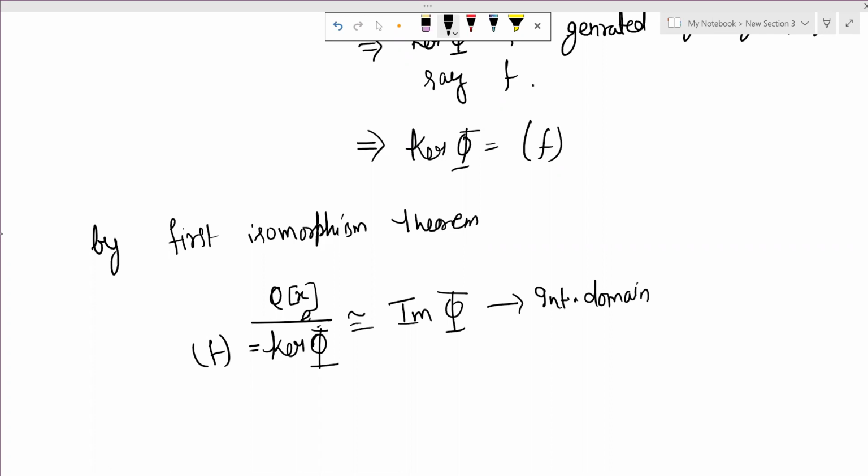Now see, the image of phi is an integral domain. That means this should be a prime ideal, right? That means this is a prime ideal.